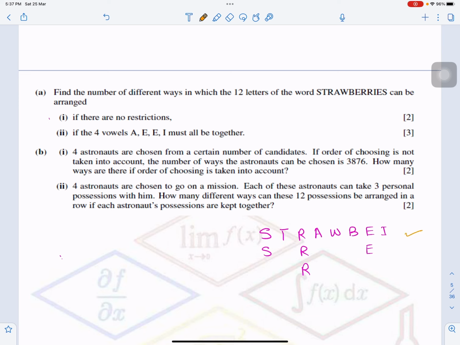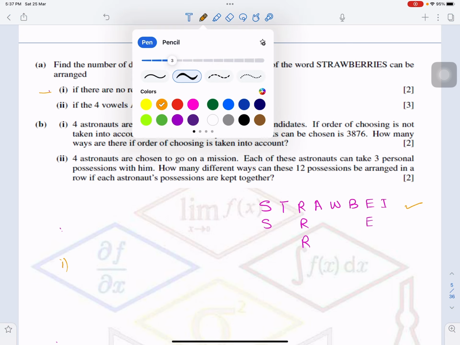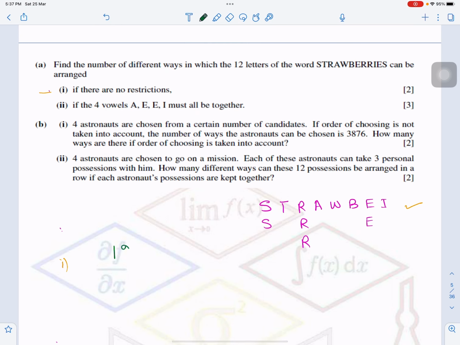If there is no restriction when arranging 12 letters, it will be 12 factorial divided by 2 factorial because the two s's are identical, divided by 3 factorial because the three r's are identical, divided by 2 factorial because the two e's are identical.